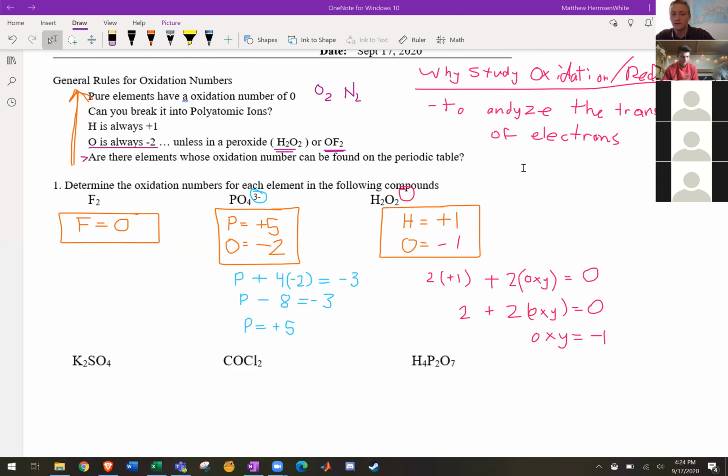Great question, Laura. The coefficient has nothing to do with it, because we're trying to find the charge for each individual element. So if you had a 2 in front of here, that would be completely irrelevant to the problem. Did that answer your question? Yes, thank you. Okay.